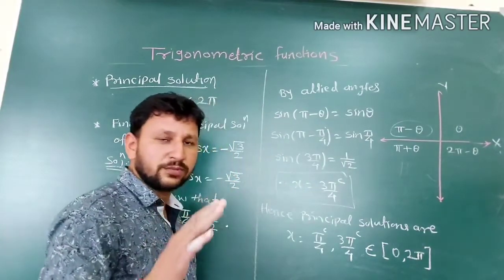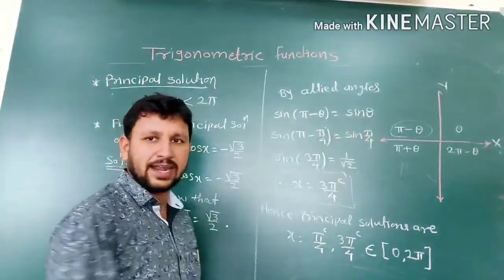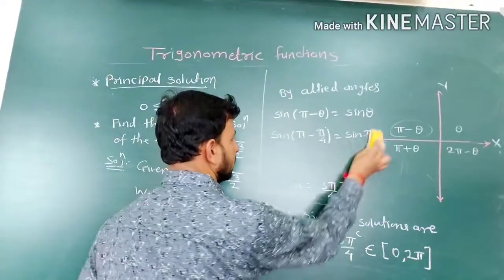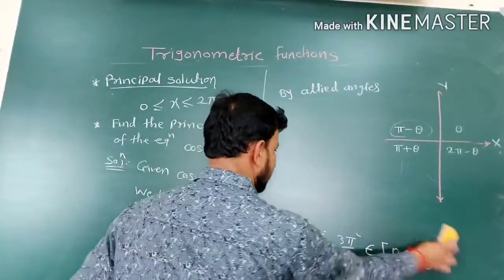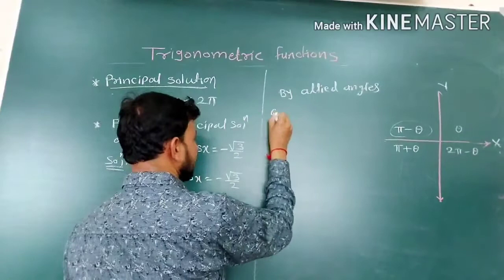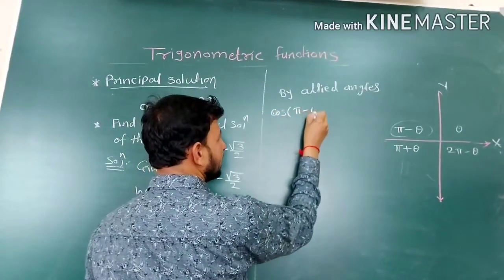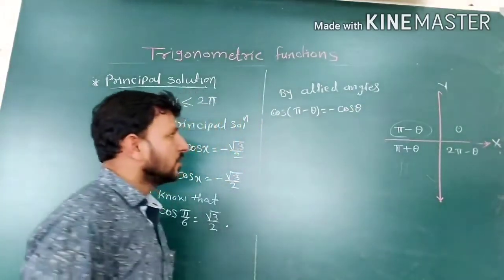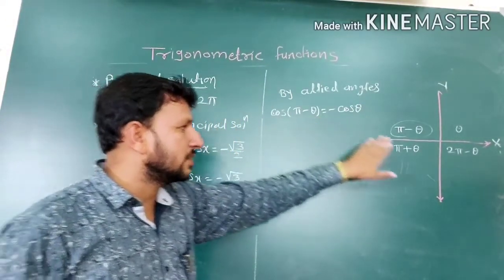To get the solutions from the second and third quadrant, use the allied angle formulas. See the first one, the allied angle formula for the second quadrant, which is pi minus theta. Here cos of pi minus theta is equal to minus cos theta. And one more, cos is negative in the third quadrant.